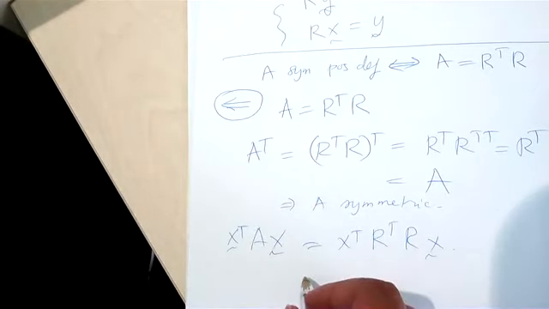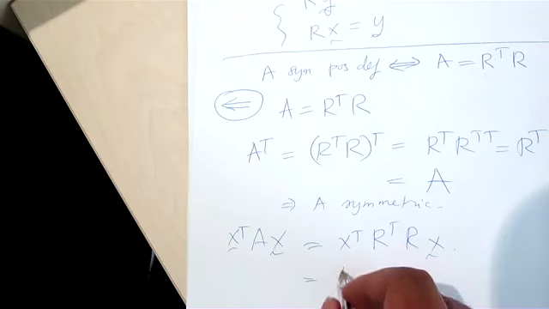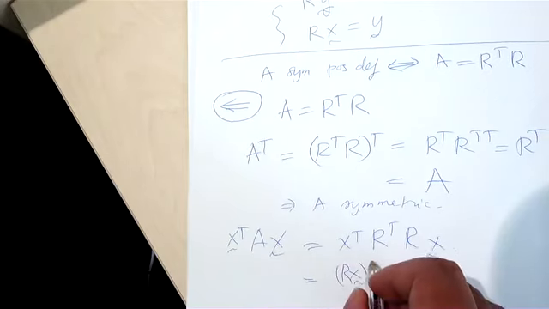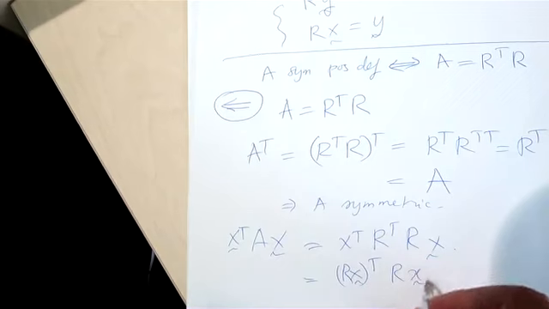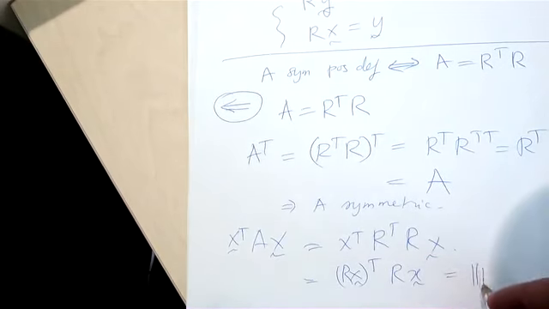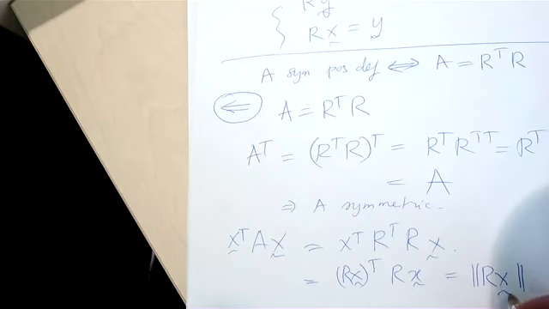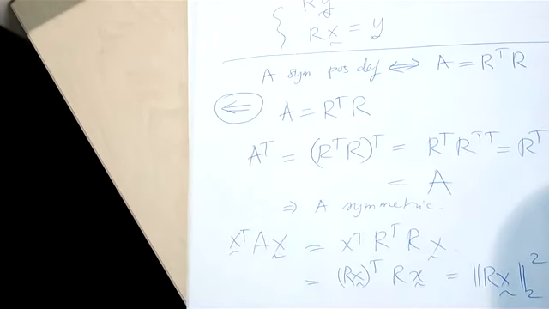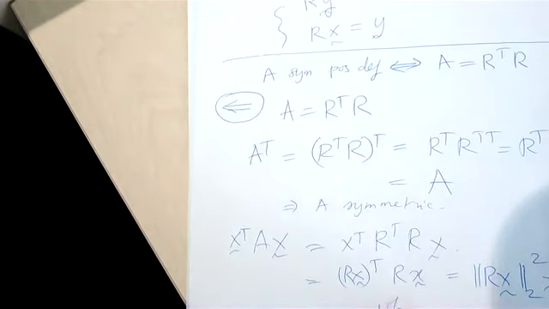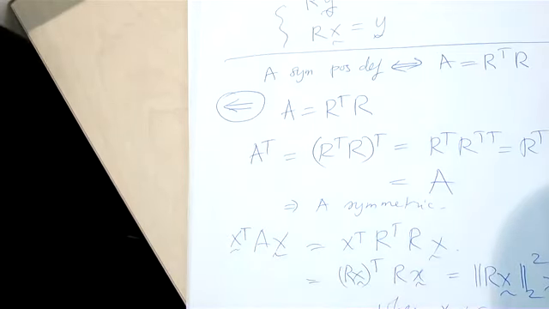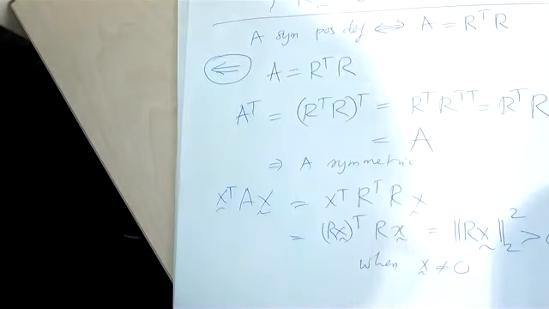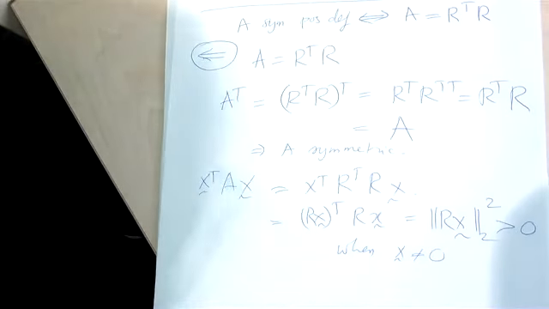You can rewrite this as (Rx) transpose times (Rx), and this is just the two-norm of Rx squared. And this is positive when Rx is non-zero. Remember this is just a norm squared, so it is positive.